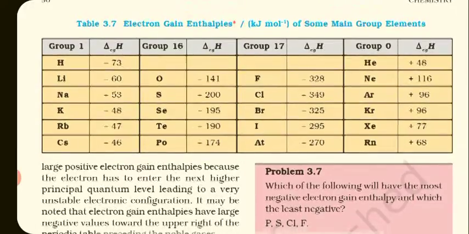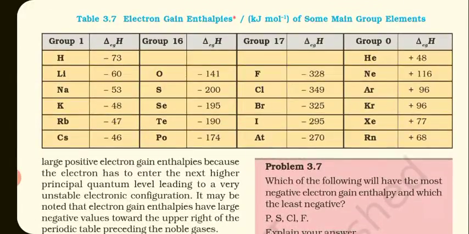In table 3.7 you can see the values of electron gain enthalpy of group 17 members. Note that chlorine has a more negative electron gain enthalpy than fluorine.